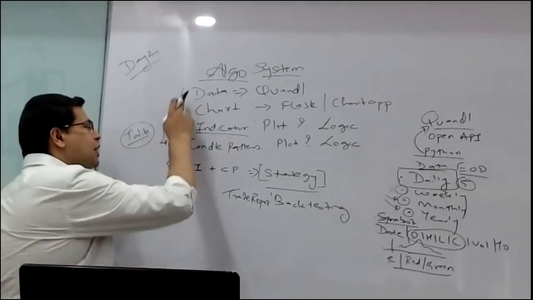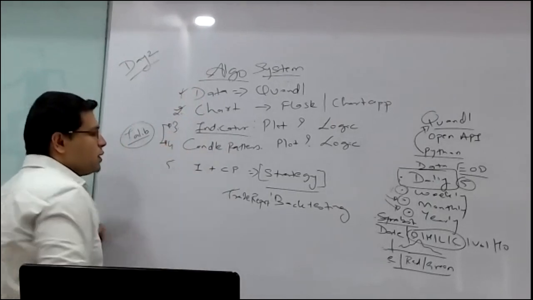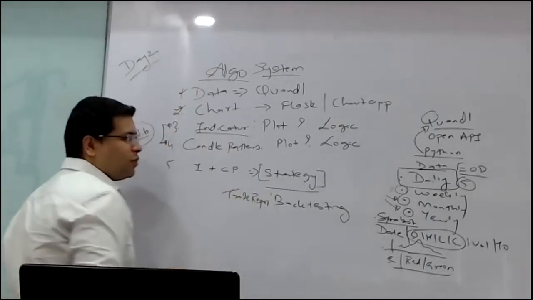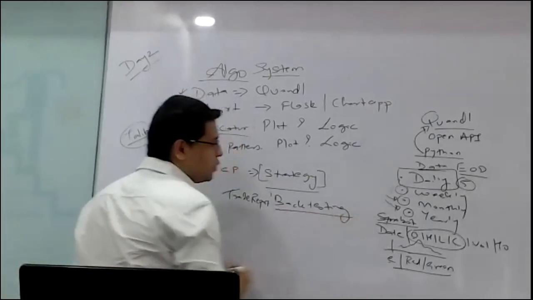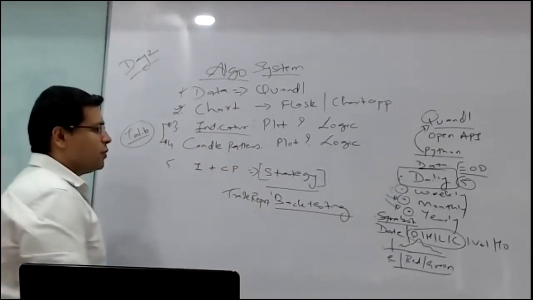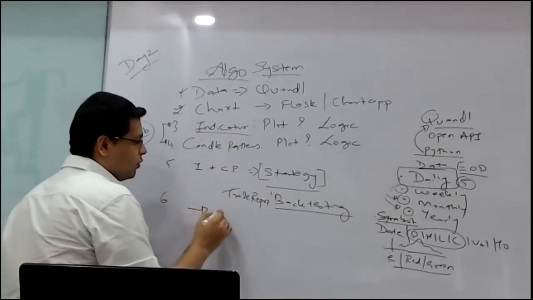So till now, we are almost done with 1 and 2, and we are approaching 3 and 4. Once we do 3 and 4, the agenda is to make a simple strategy and make a tool where we can do backtesting, a backtester. This would be the last step, and after that, the agenda is to go to simulation.